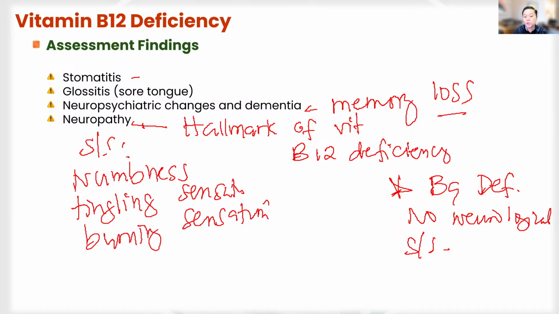All right, neuropathy, guys, please don't forget that one. And other neurological manifestations: in some cases, they will also lose that sense of position. This is what we call lack of proprioception.